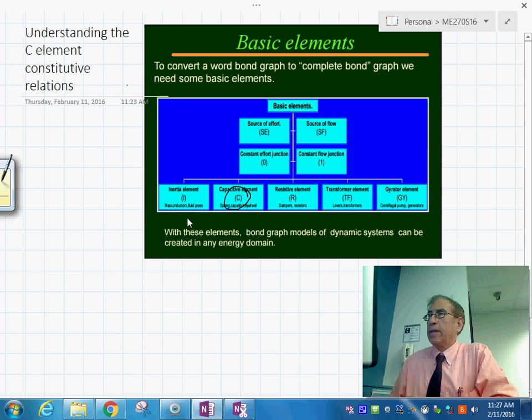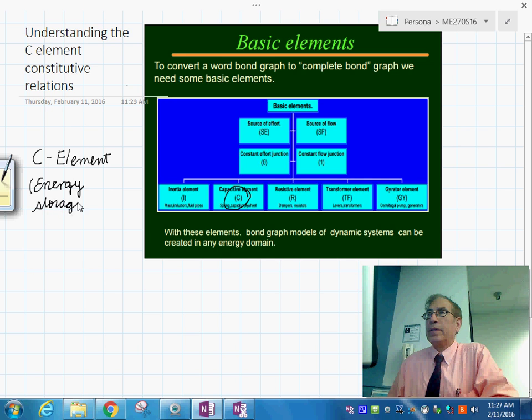So the C element is, you could say, perhaps if you remember it this way, the C element, we are going to call it the energy storing element, or storage element.